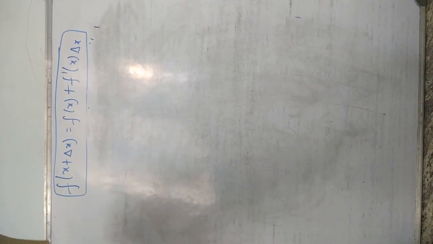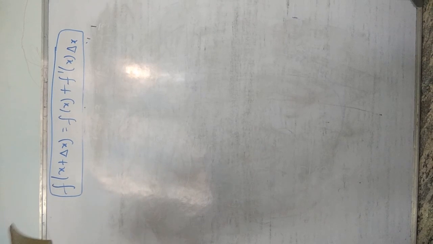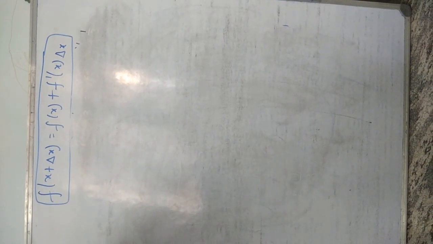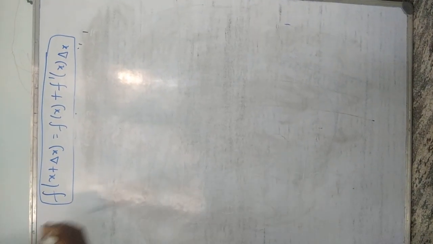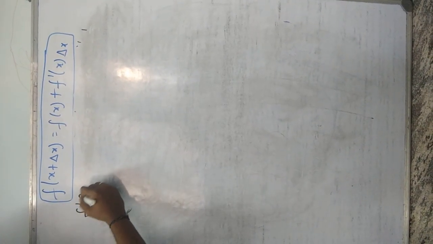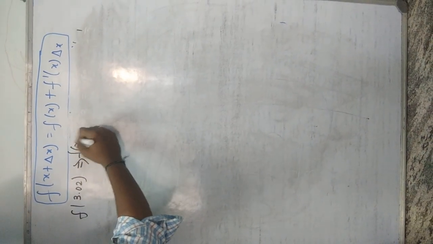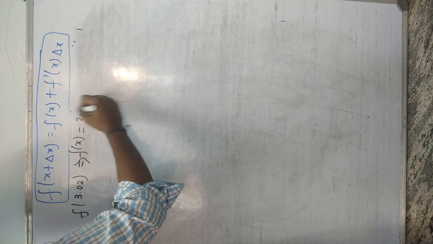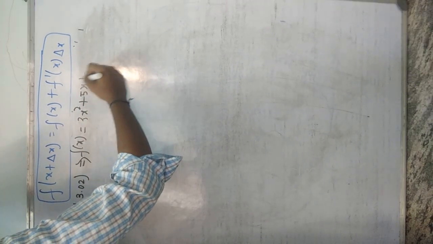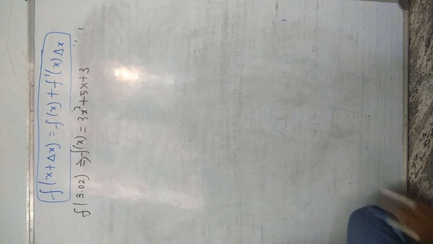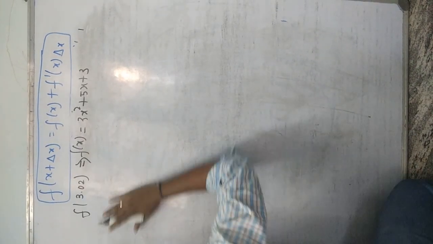So the next one is find the approximate value of f of 3.02. Example number 23. F of 3.02 where f of x is equal to 3x square plus 5x plus 3. Easiest sum. No square root, nothing, just a quadratic polynomial. So f of x is given very easily.